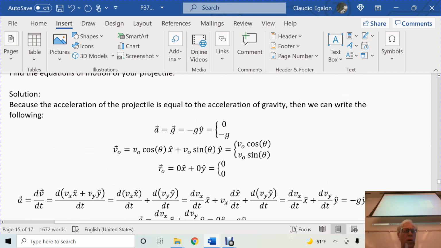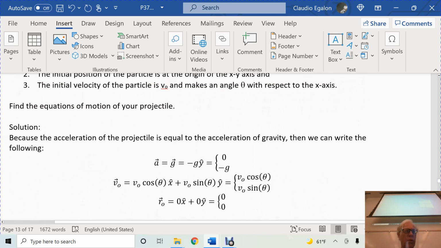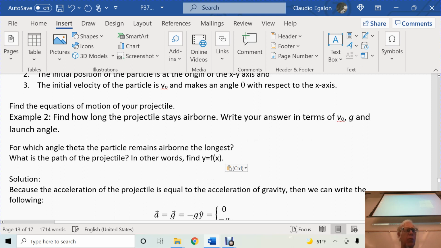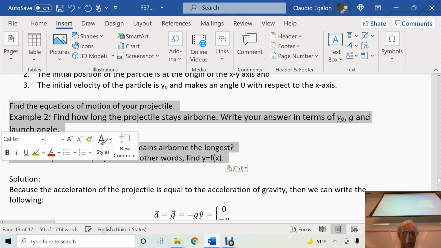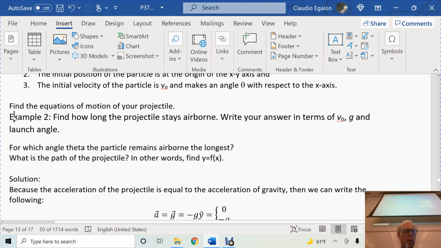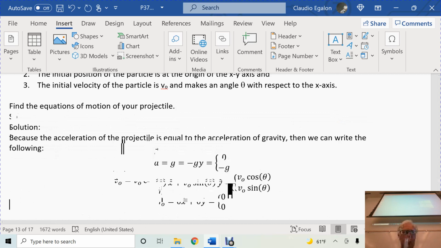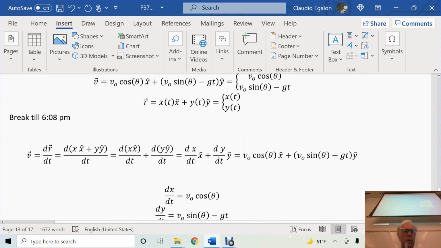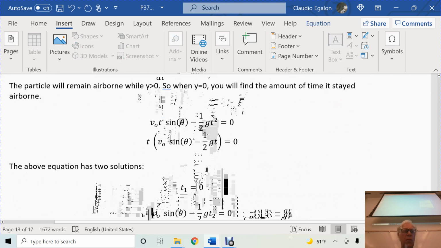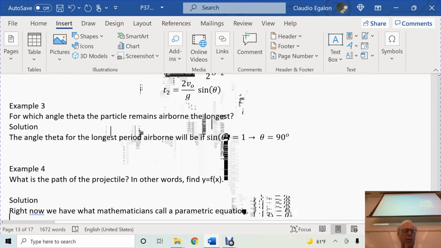That's the longest one, equations of motion of a projectile. Notice that they're treating those as though they are problems. I'm gonna summarize down there so you don't get lost and start doing something else that's different.